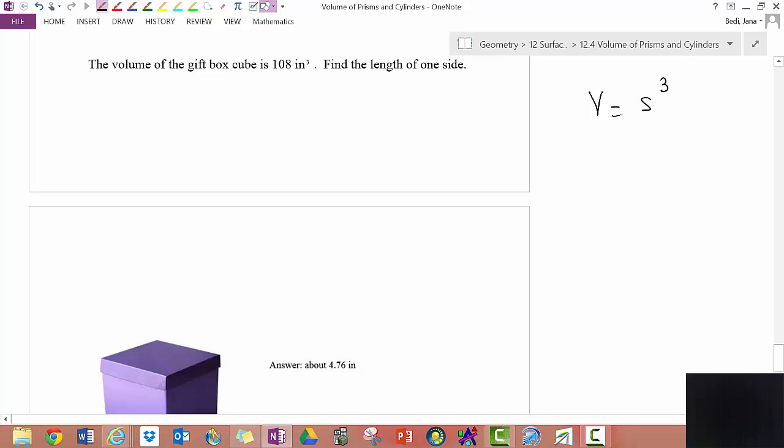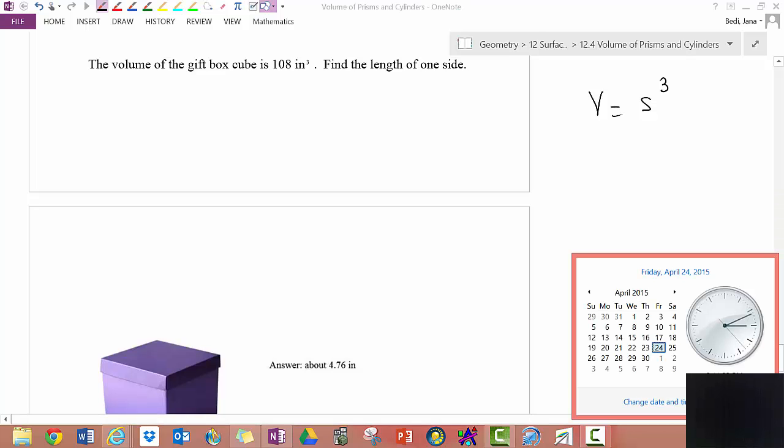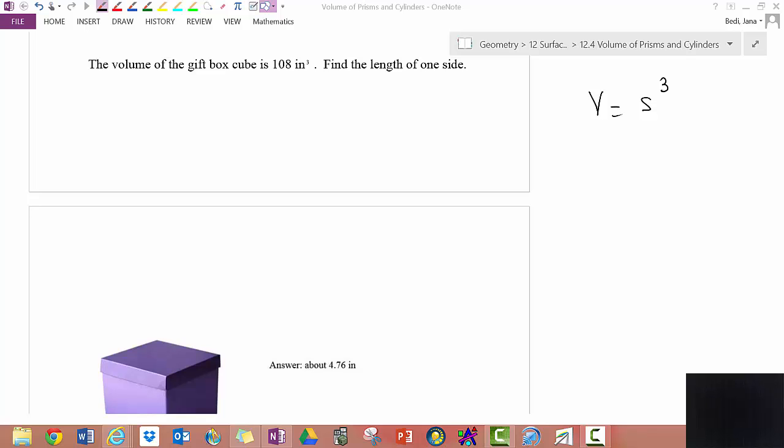Plug it in. I want to remind you how on your calculator to find the cube root. So if you wanted to find, let's say, I'm just giving you an example here. Let's say the volume was 8 and you want to find S. So you need to find the cube root or raise both sides to the 1/3 exponent.